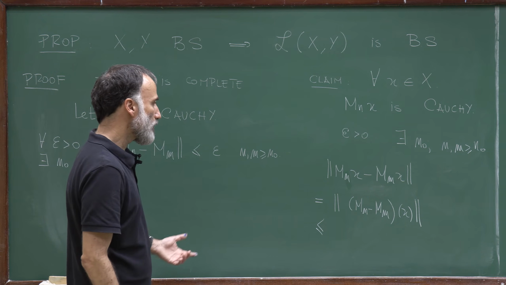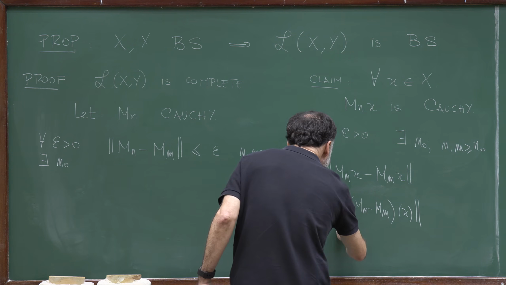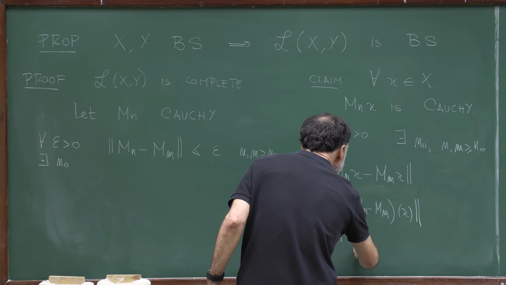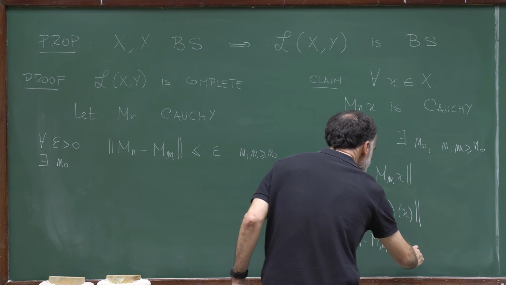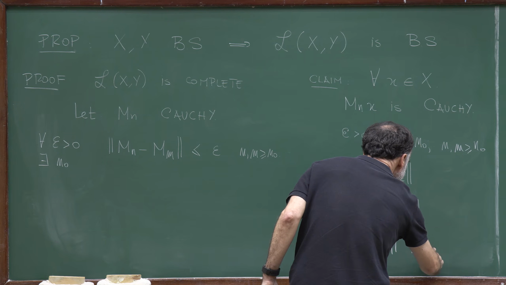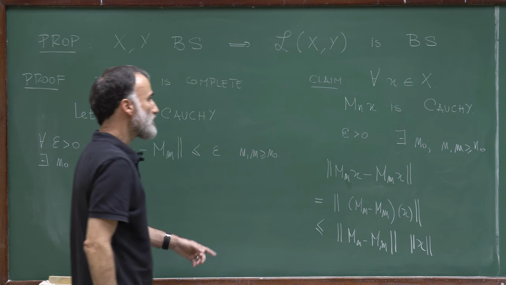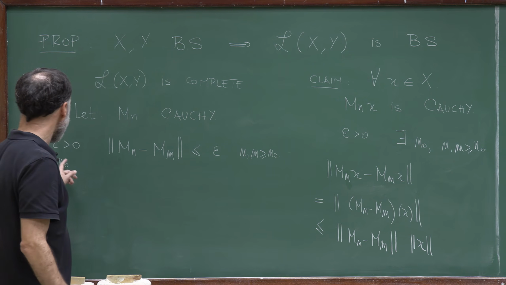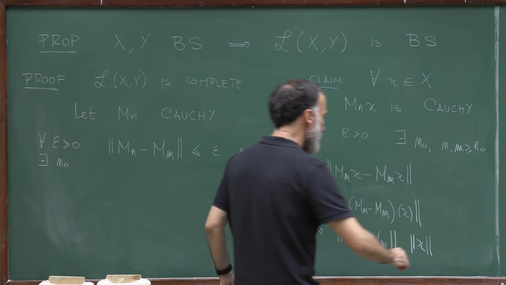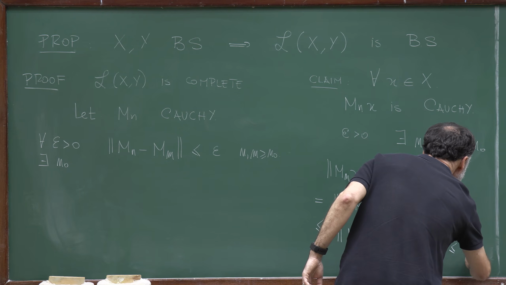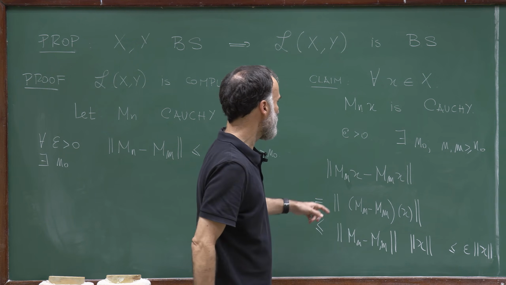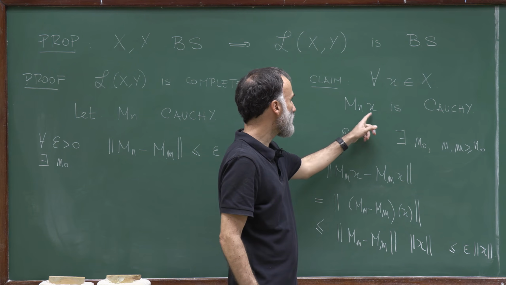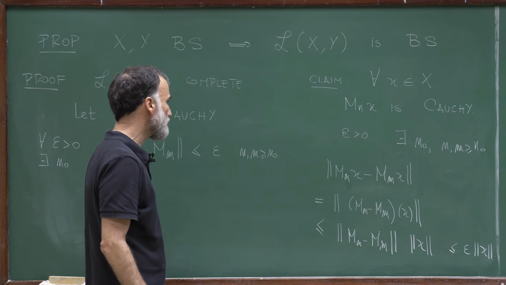By an inequality which we proved earlier, this is bounded by the norm of Mn minus Mm times the norm of x. Since n and m are larger than n0, this is bounded by epsilon times the norm of x. And this proves that indeed this sequence Mnx is Cauchy.